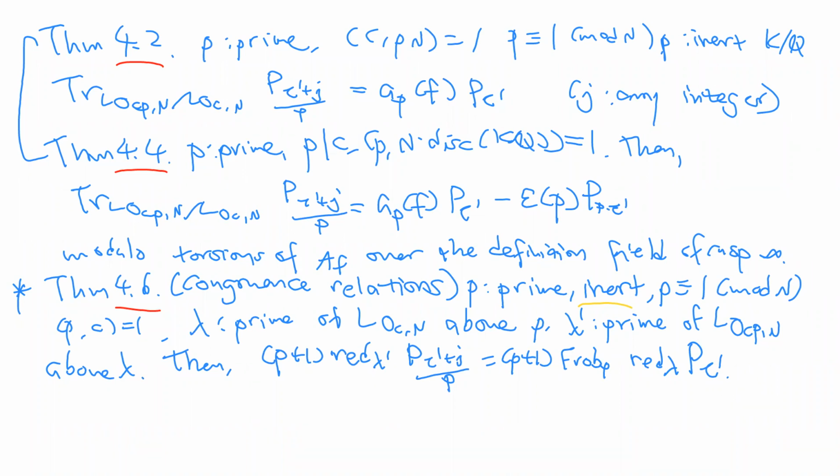For example, you can find this in Rubin's book on Euler systems. Like in the cyclotomic case, or probably other cases, the congruence relations are normally not one of the conditions for Euler systems.